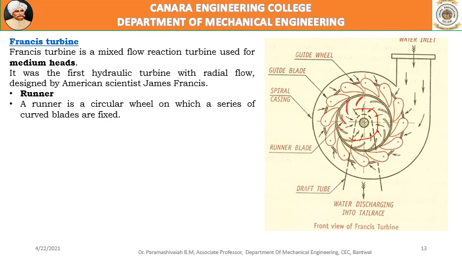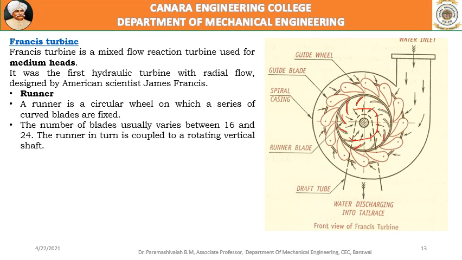These are curved blades with designed definite angles. The number of blades usually varies between 16 to 24. The runner in turn is coupled to a rotating vertical shaft. So here this runner is coupled at the center to a shaft which is vertical.